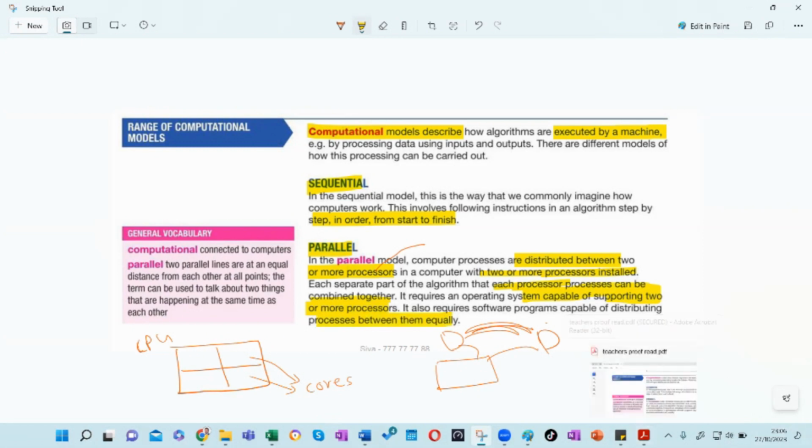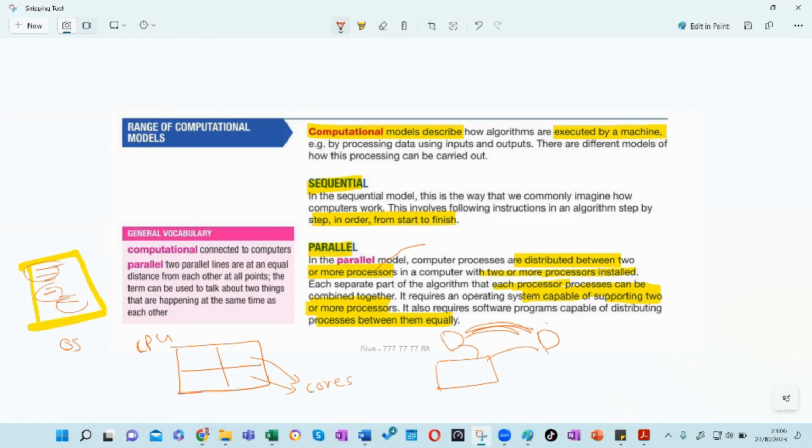So what happens is when you have a program like this, and it has instructions like this, there will be the OS which comes here, looks at these parts of the code and distributes them among different cores, so that instructions that can be carried out in parallel can be done in parallel.